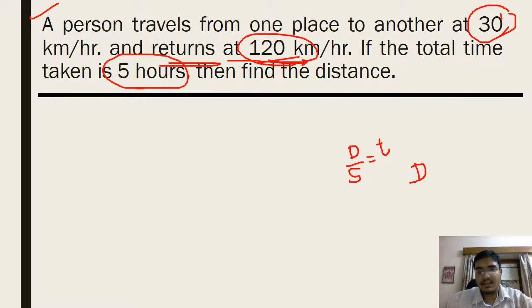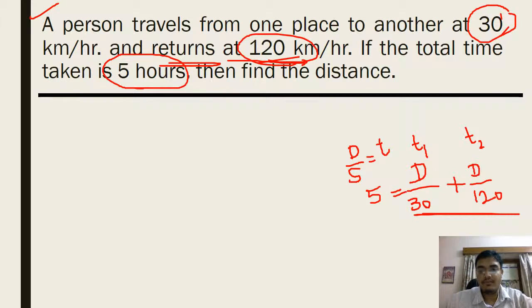We can say that it went distance d at 30, so the time required t1 would be d by 30, and it returned back at 120 kilometers an hour. So time t2 would be distance d again upon 120. And this should be what? The total time. And this should be equated to 5.